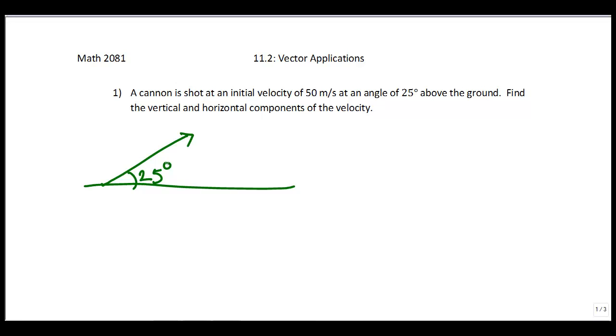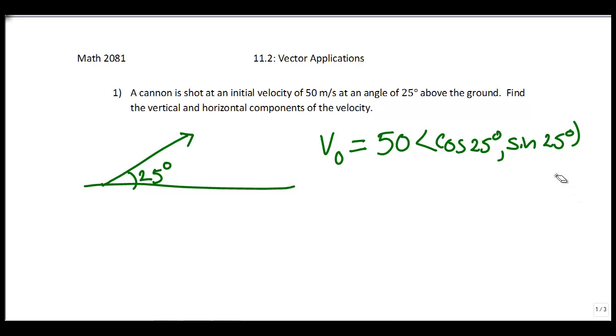And so what's going to happen here is that your initial velocity, your v naught, as a vector: the initial velocity is 50, and then we multiply by a unit vector in the direction of this vector here. That unit vector is going to be cosine of 25 degrees, sine of 25 degrees. I'm going to use a different bracket there.